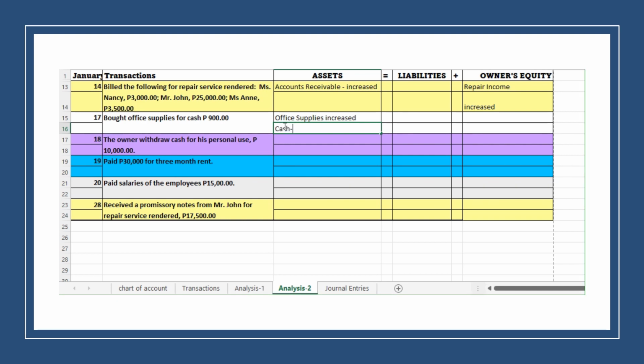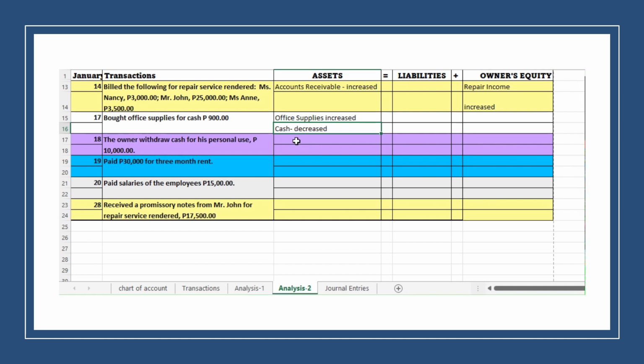And this is decrease. Because we have to credit cash to what? To decrease cash. Because the normal balance of cash is debit. And in order to increase the cash, you have to debit. Now, in this case, cash is to be credited.